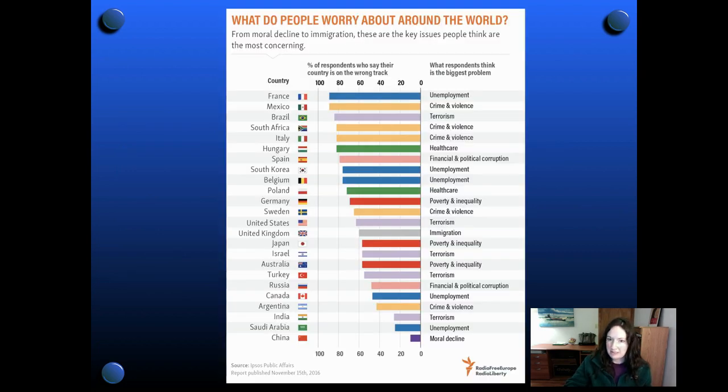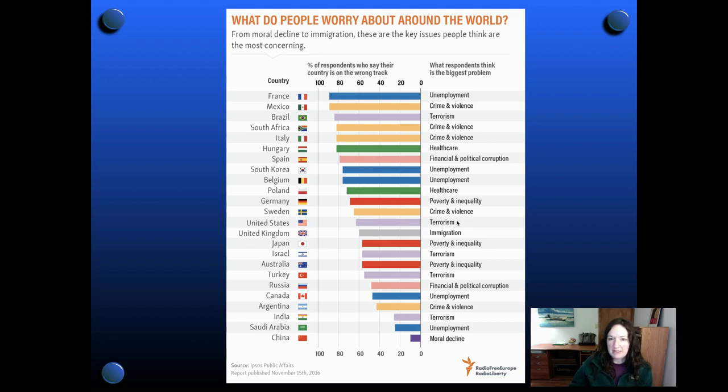And just an interesting chart to show you here. What do people worry about around the world? In the United States, we are here. First of all, this bar graph is showing the percent of respondents who say their country is on the wrong track. France is really unhappy with their government. So is Mexico. We're at a little over 60%. And terrorism was the biggest problem that people were afraid of.